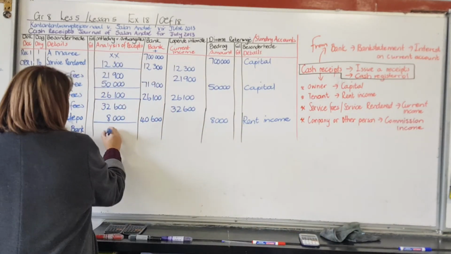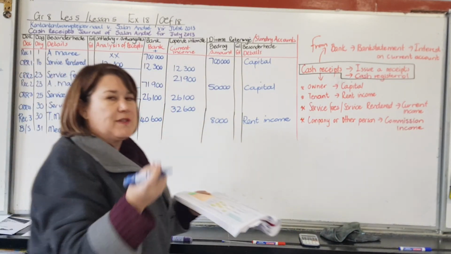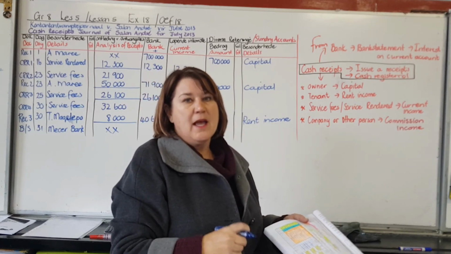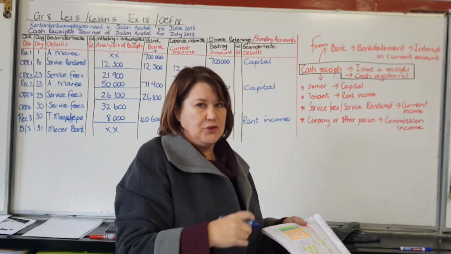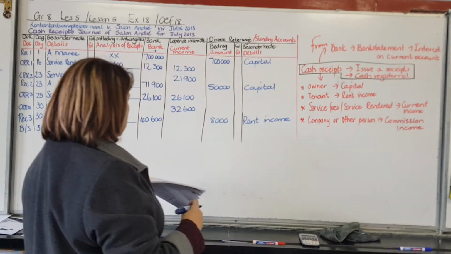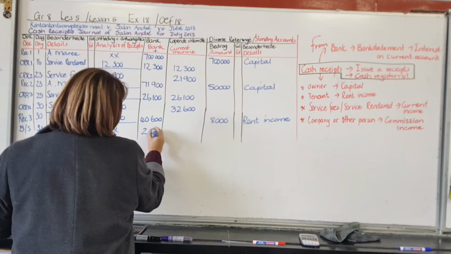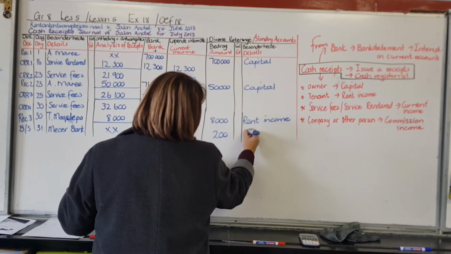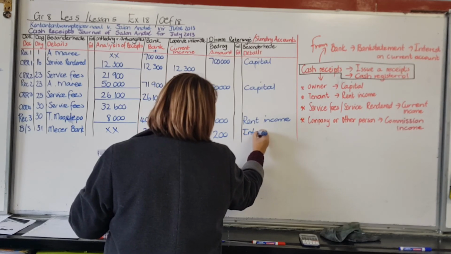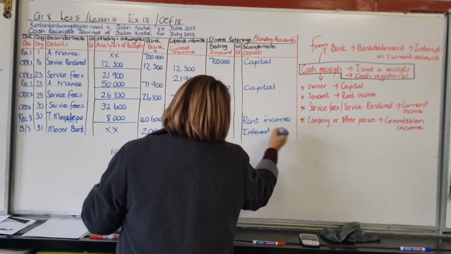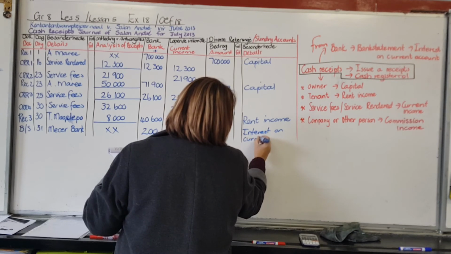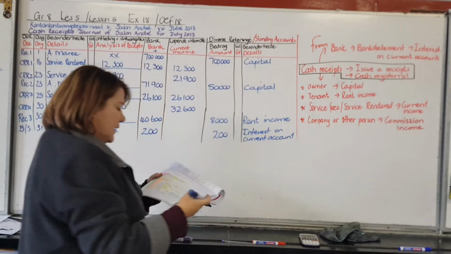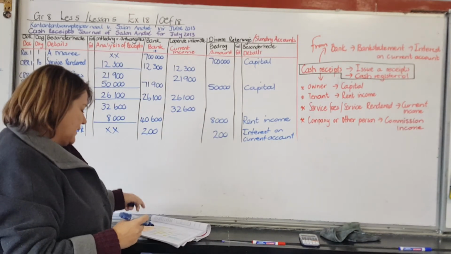So now you will not receive, the bank's not going to send you the money and ask you to pay it into the bank account. They're going to pay it directly into your bank account. So your bank's going to be 200 Rand, increase of 200 Rand, in your sundry 200 Rand, and it's going to be interest on current account. And that was your last transaction.